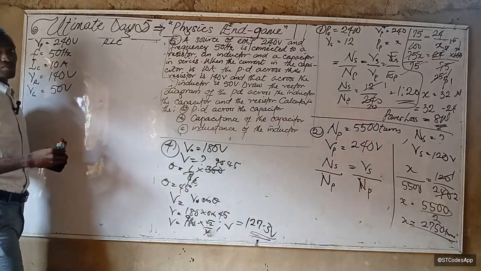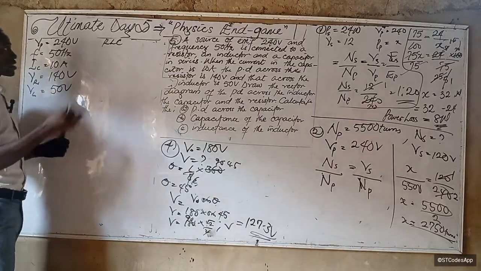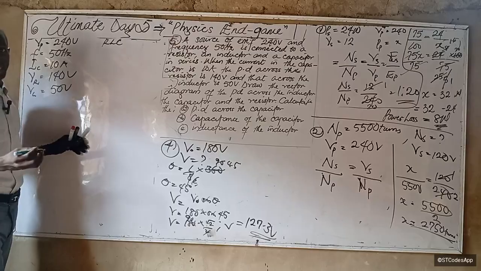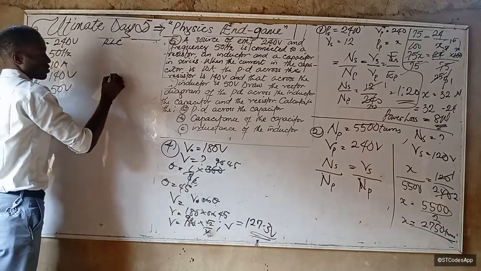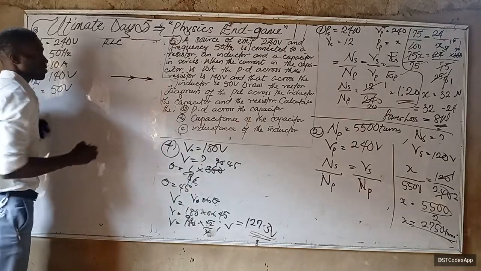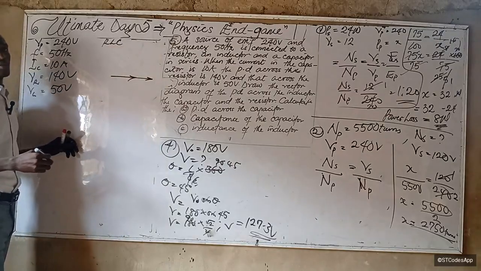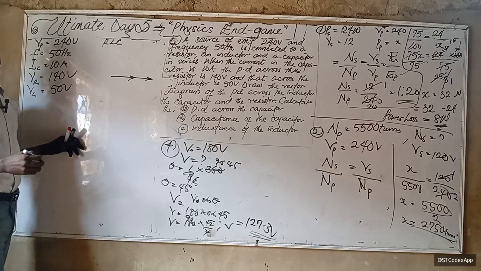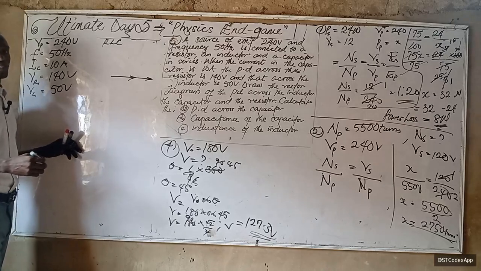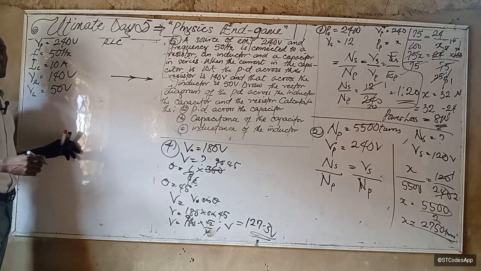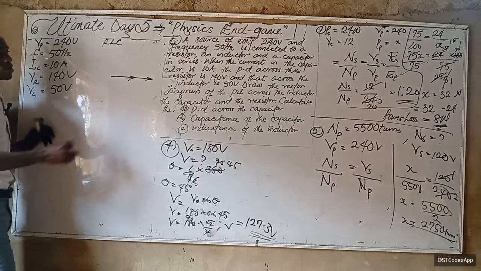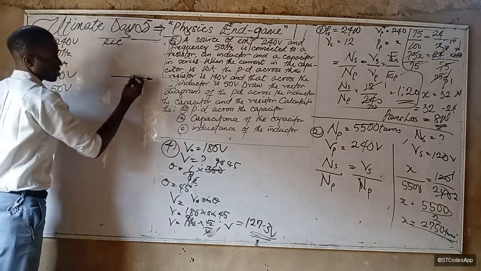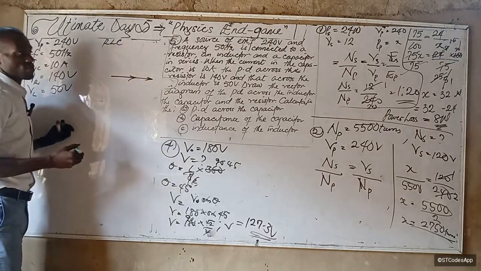So you know that since it's an RLC circuit, I showed you already, right? Voltage and current, how would they be? They'll be in phase. So we have this diagram that voltage and current are in phase.